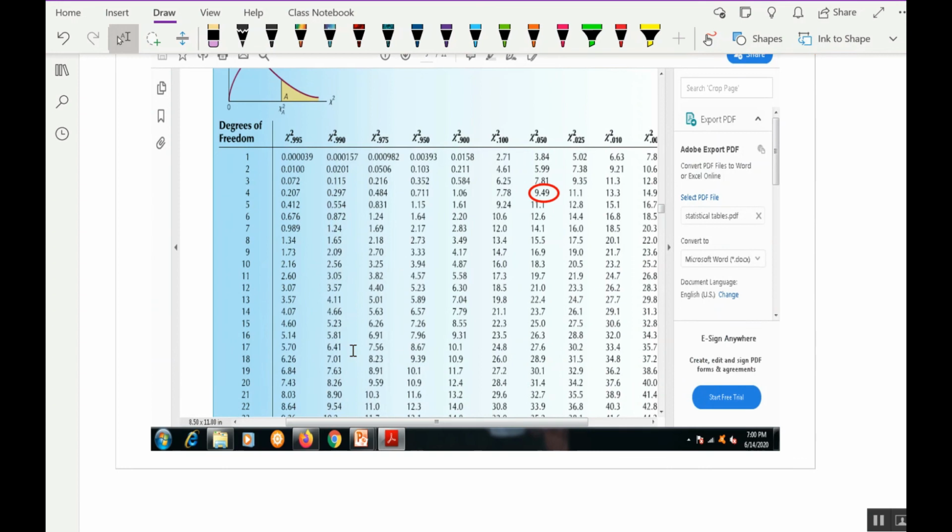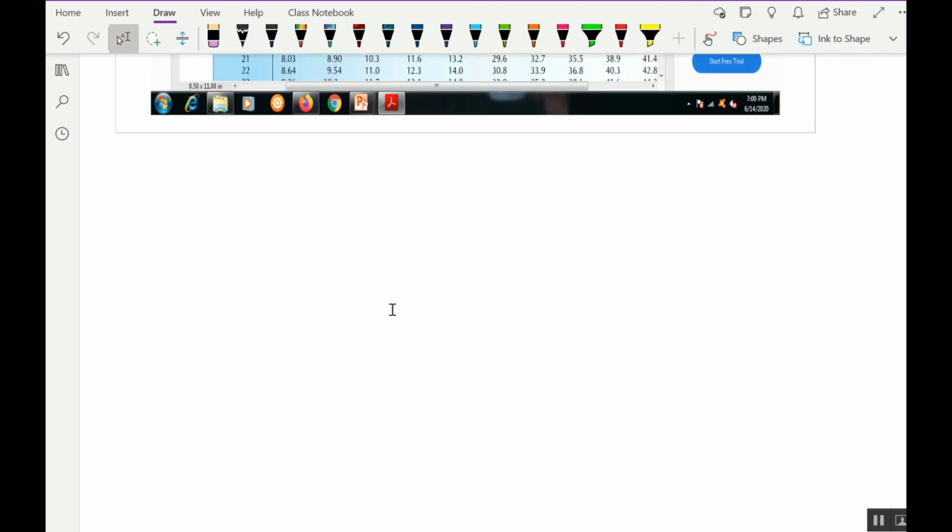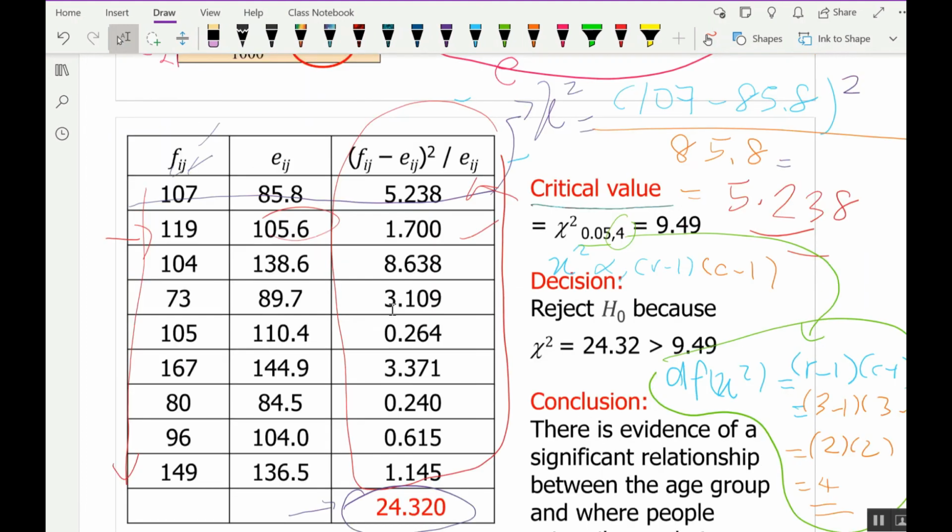Because it is 0.05, that is your column, and the degree of freedom is for the row, which is 4. You take the value here, which is 9.49. This 9.49 is the chi-square critical value.